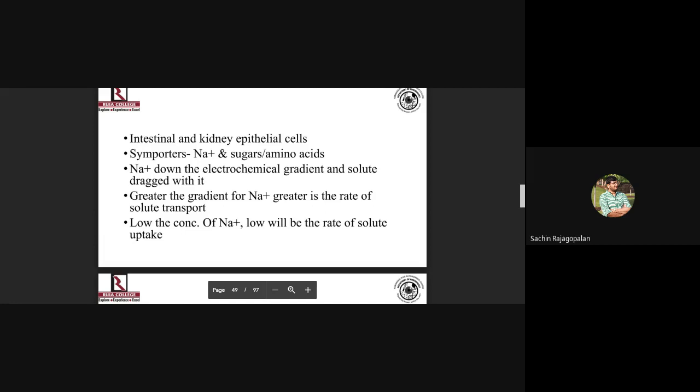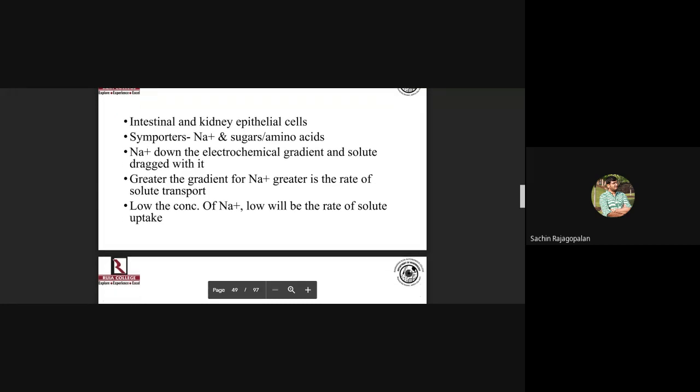So it always tries to maintain lower sodium concentration inside. भले ही सिम्पोर्ट के साथ सोडियम अंदर आया, जो भी सोडियम अंदर आया है उसको एंटीपोर्ट के जरिए वापस बाहर फेंक दिया जाएगा, ताकि सोडियम का कॉन्सेंट्रेशन अंदर लो ही रहे हमेशा. तभी ही तुम सोल्यूट को अंदर खींच सकते हो along with sodium. Okay, so greater this gradient is, greater this difference of sodium ion concentration, faster will be your solute transport.